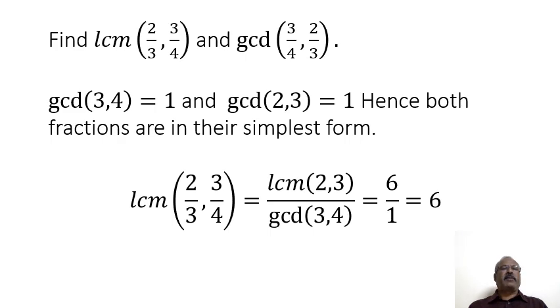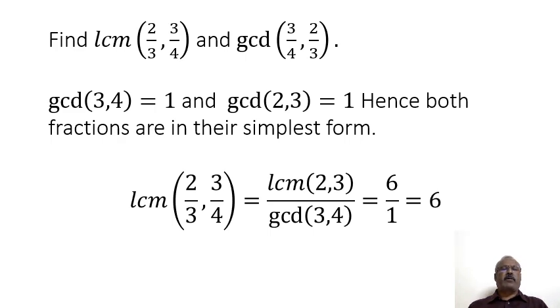Let us find LCM of 2 over 3 and 3 over 4. Also GCD of 3 over 4 and 2 over 3. GCD of 3 and 4 is 1 and GCD of 2 and 3 is also 1. Hence, both fractions are in their simplest form.